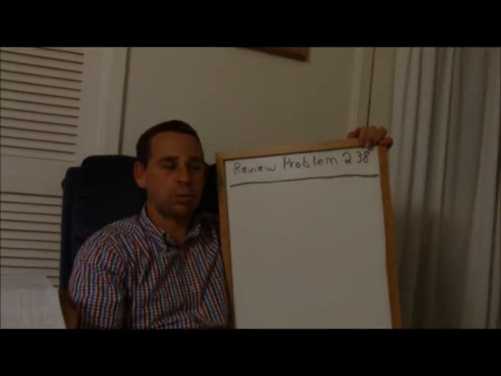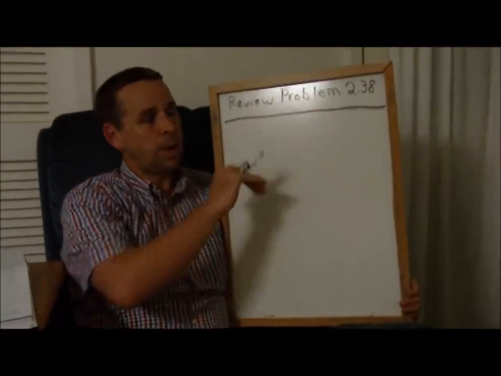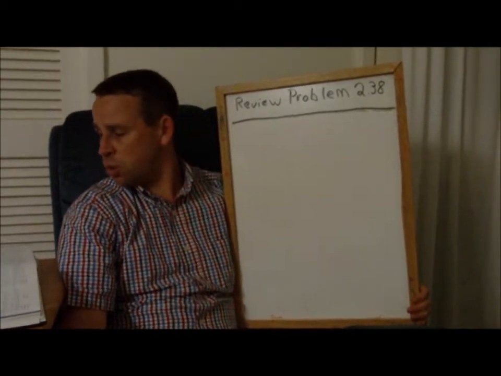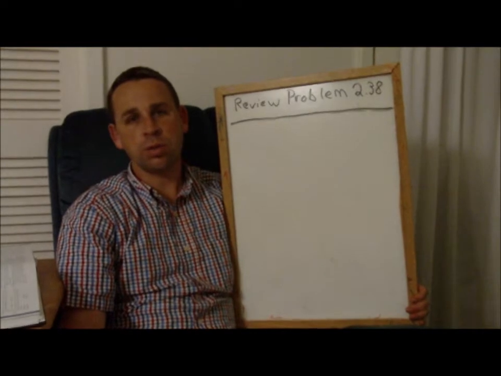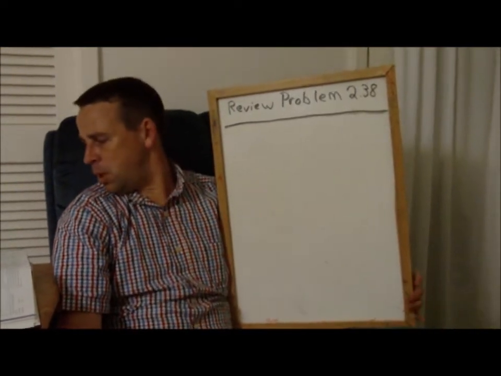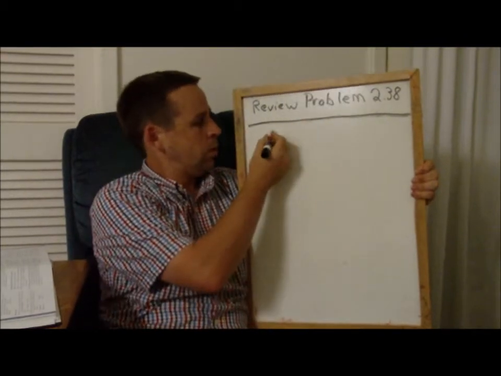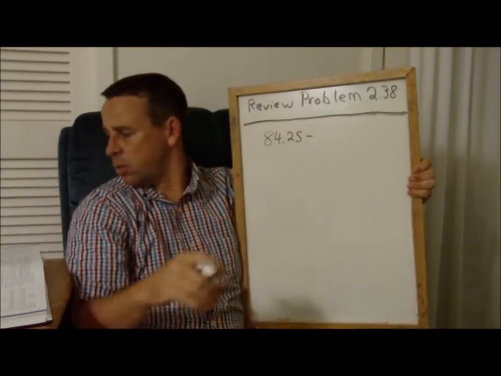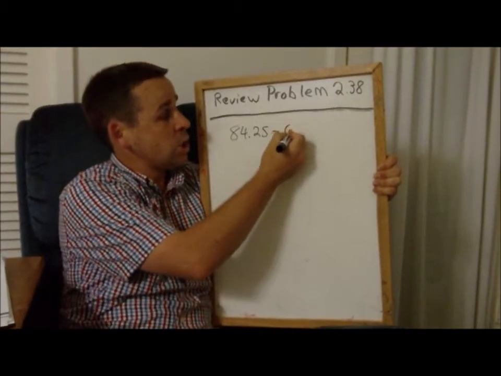Okay, so there was a problem on the previous video, problem 2.38. So we're going to do parts B through E on 2.38. Part B says 84.25 minus 0.01075.